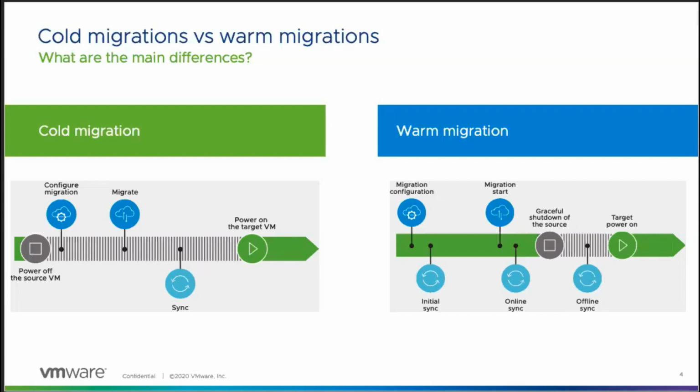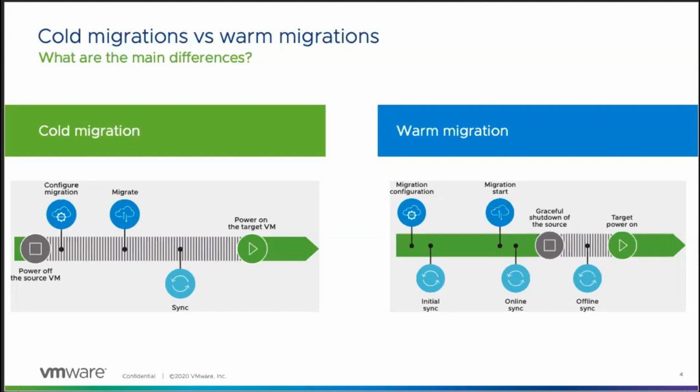But what I'm going to actually demonstrate live in the product is the warm migration. This is a minimum downtime migration that is taking the VM while it's up and running and does several synchronizations. First, the initial synchronization that is taking the VM and pushing it to the cloud provider data center.